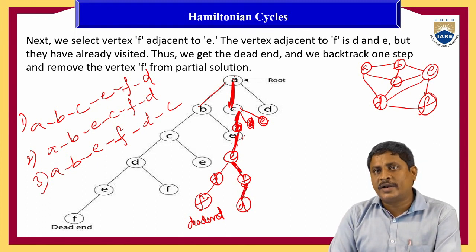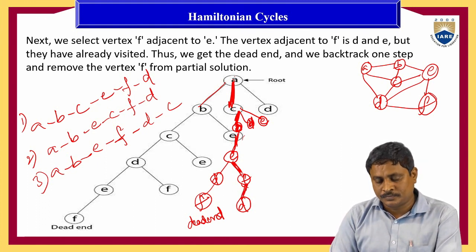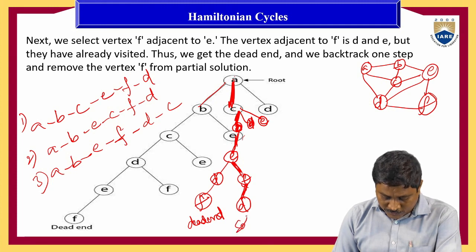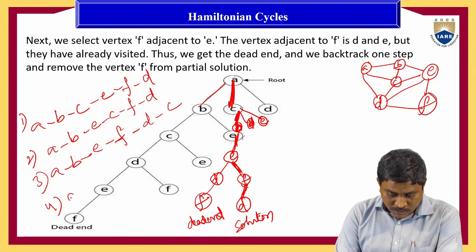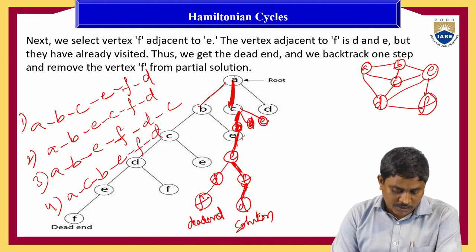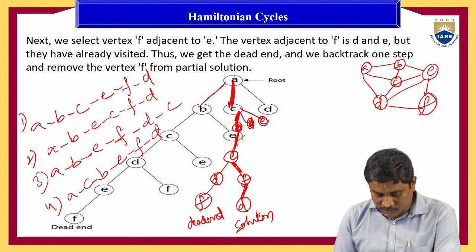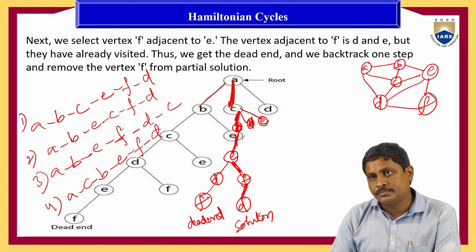So it forms a Hamiltonian cycle. So it forms a solution path. This is also one more solution path. That solution path is A to C, C to B, B to E, E to F, F to D, D to A. So this is one more solution path.